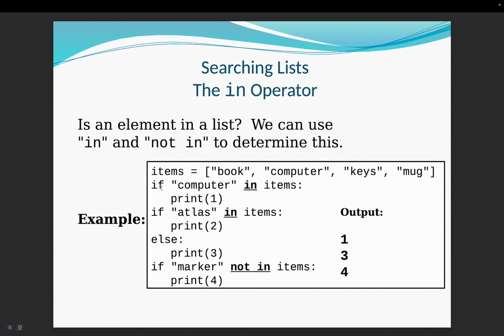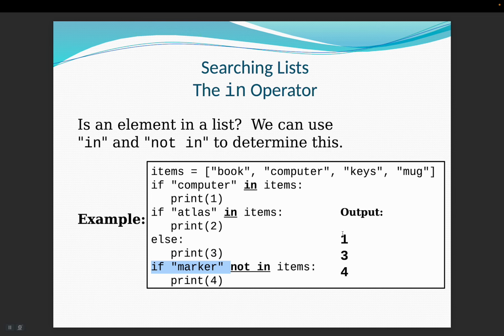If the string computer is in the list items, print 1. If the string atlas is in the list items, print 2. Else, print 3. If the string marker is not in the list items, print 4.